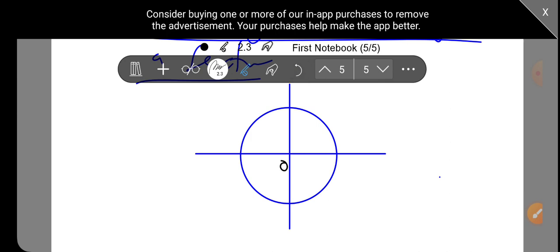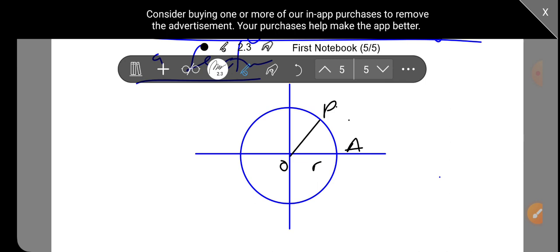Then let's have a point there, that's point B, and here point A. So it means I've got your sector, and then we have got our radius here.